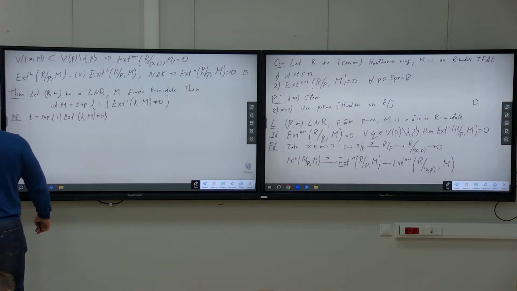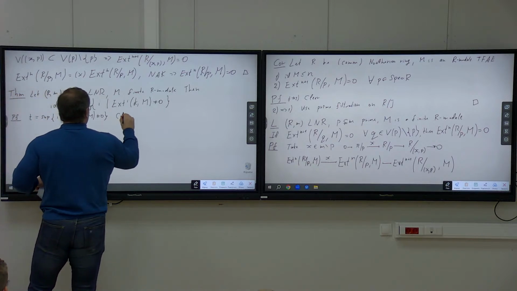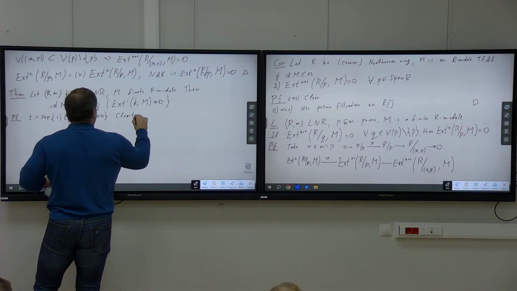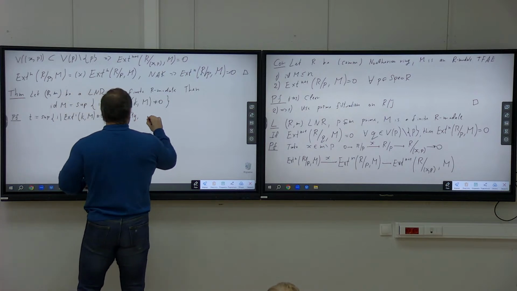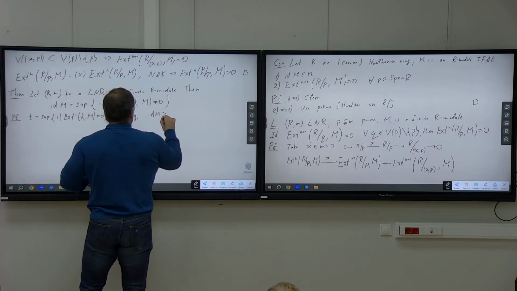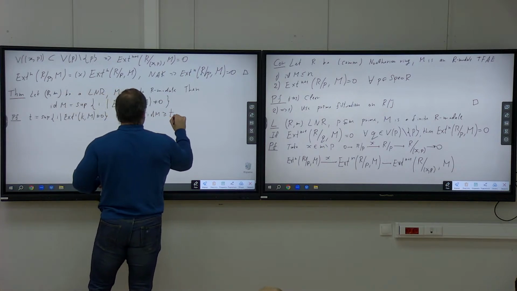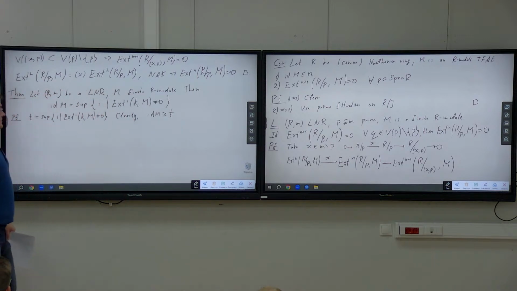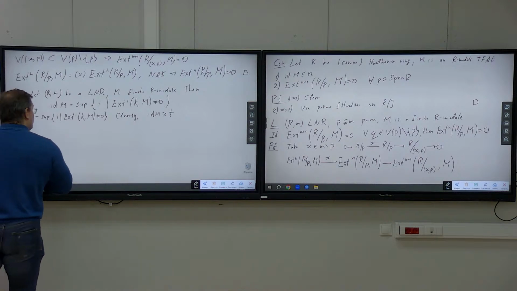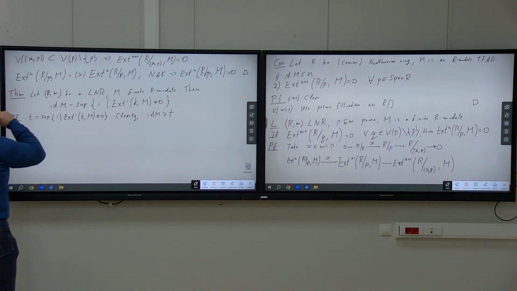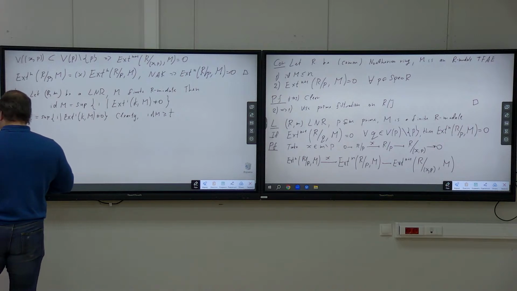Well, first of all, clearly we have that the injective dimension of M is at least T. This just always follows from the definition of T. Now, we want to show that there is an inequality in the other direction.